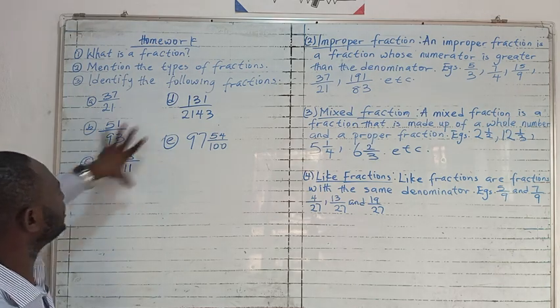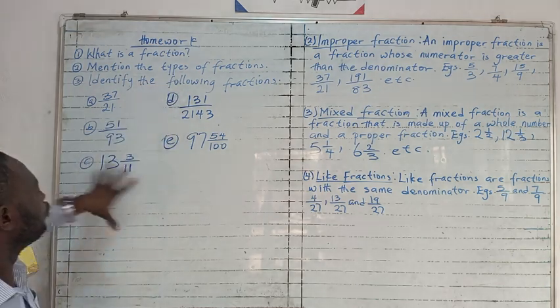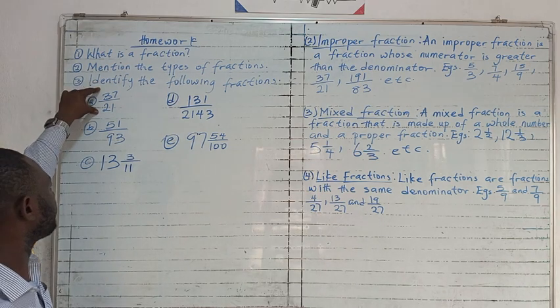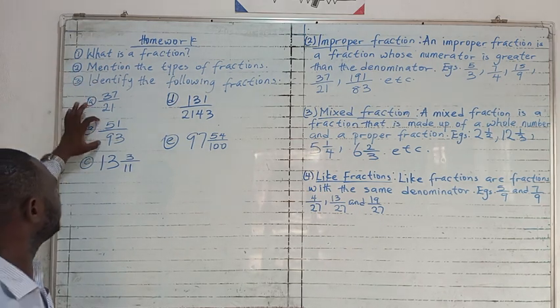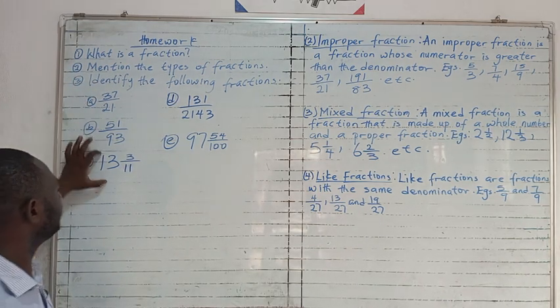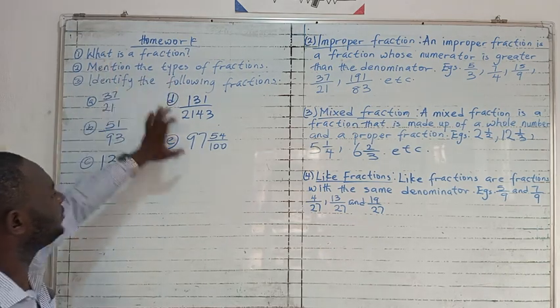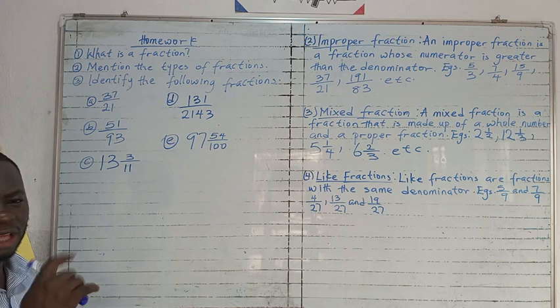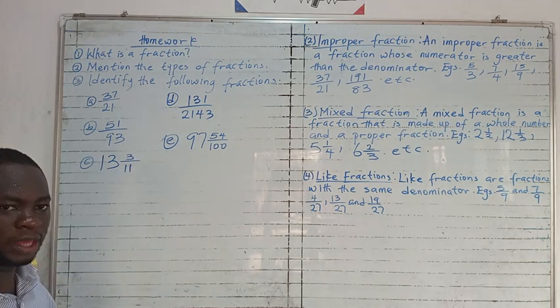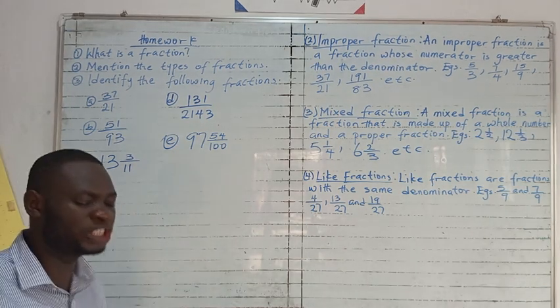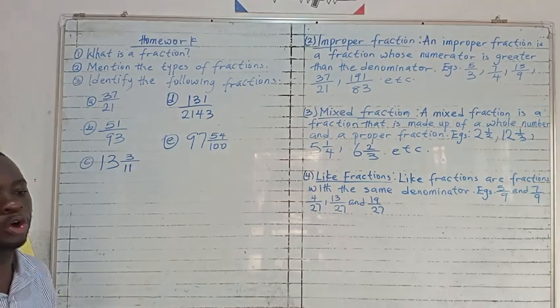So identify the different types of fractions we wrote here. If this is a proper fraction, you tell me it's proper. Name them. Identify which fraction each of these belongs to.